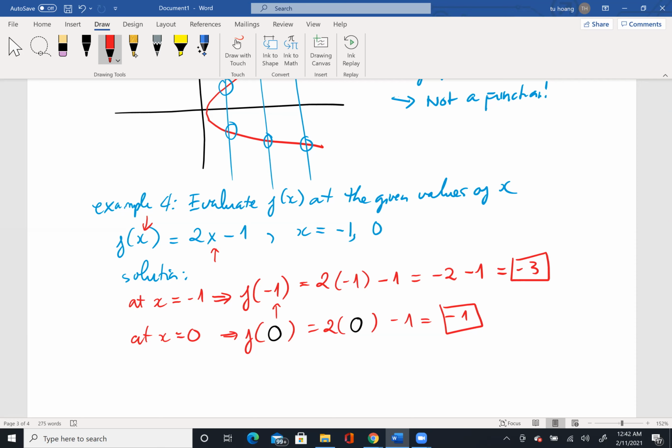So what about example 5? I'm gonna write function f as a set of ordered pairs.